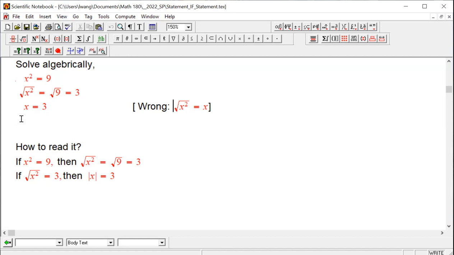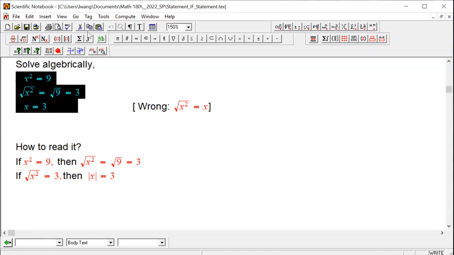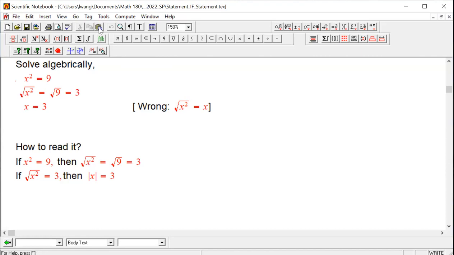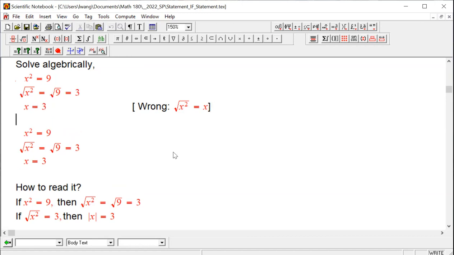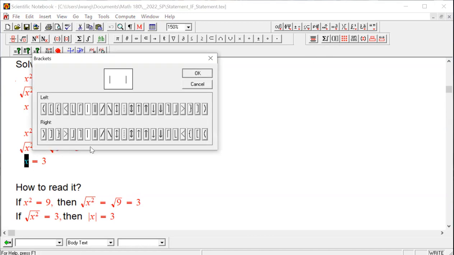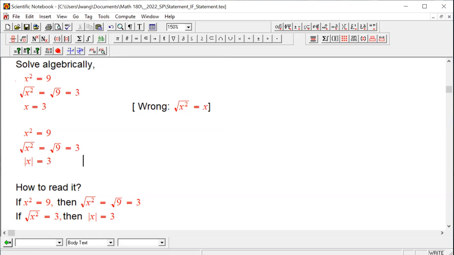We must correct that kind of mistake. This is where the mistake is: from this step to the next step is wrong. So what will be correct? Of course, here needs to be the absolute value. So it's very important that the if should lead you to the then logically correctly.